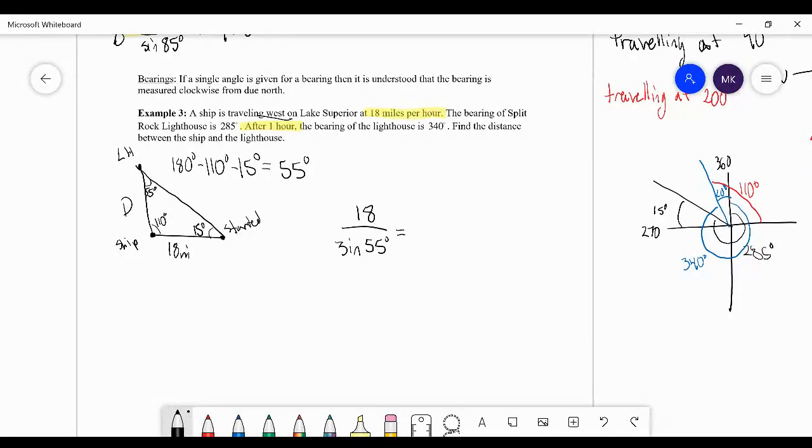And then what I need to find is this side here. So it means I need to use this angle here. It means that's equal to D over sine of 15 degrees. Now, that tells me very simply that D is equal to 18 sine of 15 degrees over sine of 55 degrees.